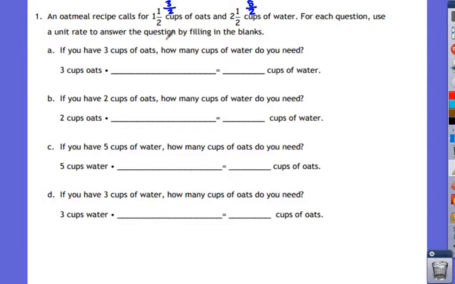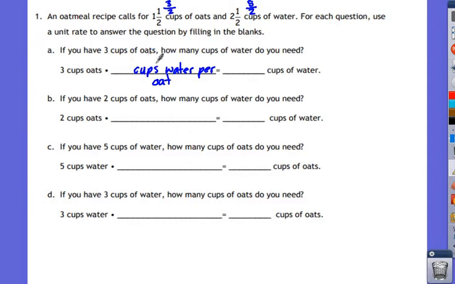So I am looking for some cups of water per oat. That's important. I want to know how many cups of water, that's what the question asks, per oats.